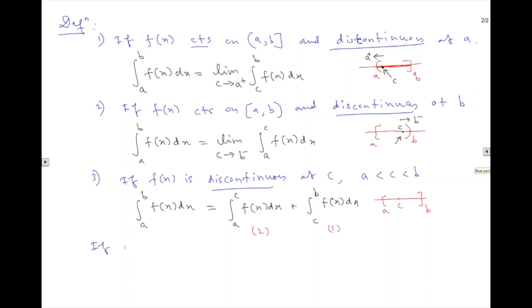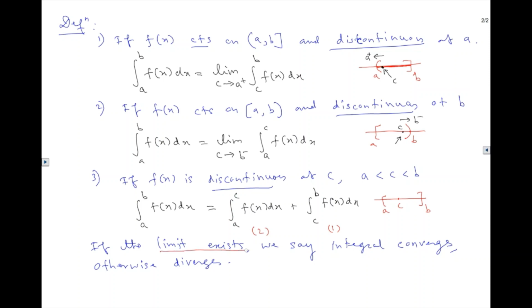So we can say if the limit exists, we say the integral converges, otherwise it diverges.